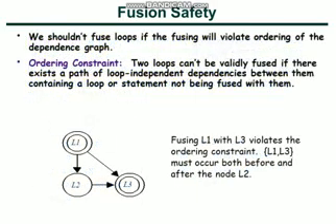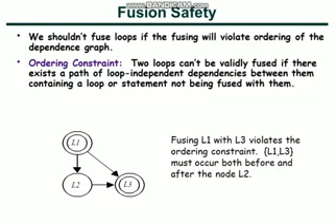Understood? So this was the first condition for checking fusion safety, and one more condition is the ordering constraint. This is also another condition for checking safety. According to this, we shouldn't fuse loops if the fusing will violate the ordering of the dependence graph.